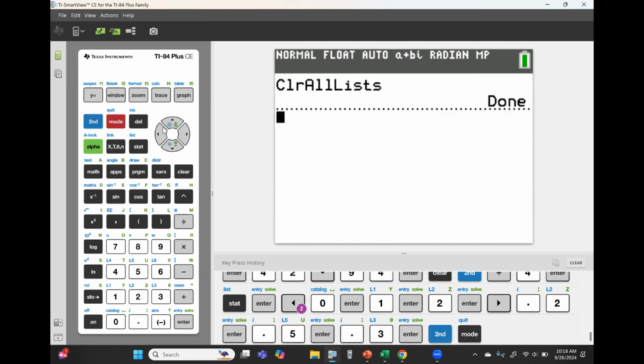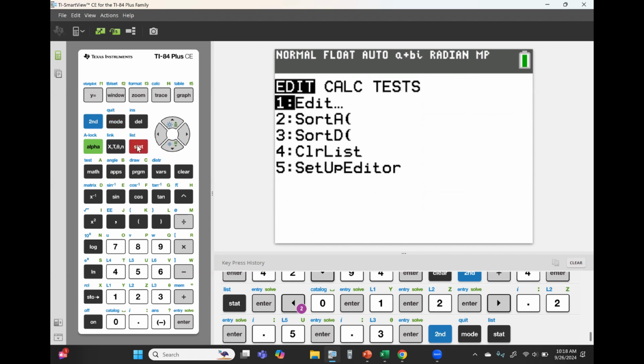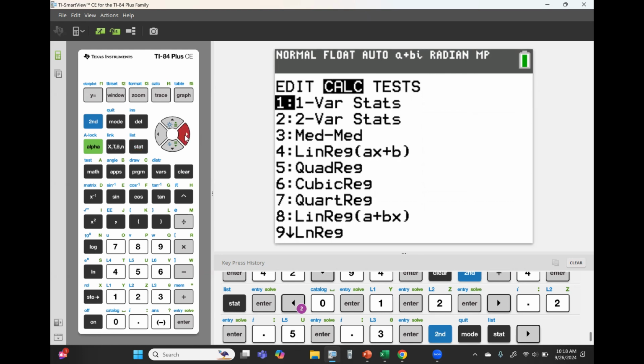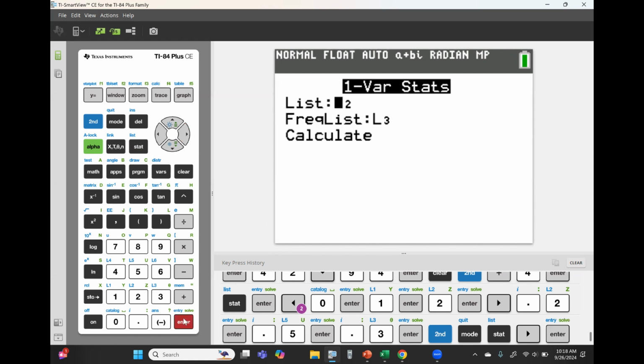I'm going to get out of here, and I'm going to go to my Stat menu, to the Calculate menu, which is going to arrow to the right to get there. And I'm going to calculate the one-variable statistics on that data. So I put the values of my random variable in L1.